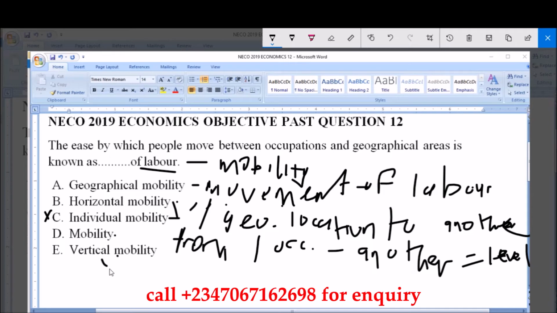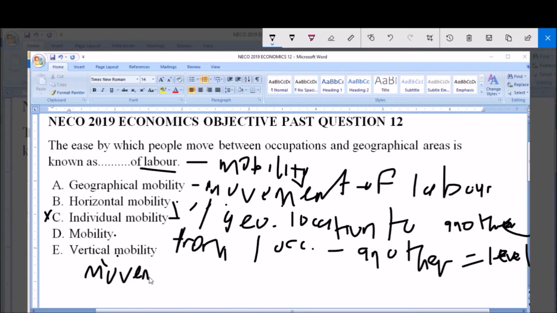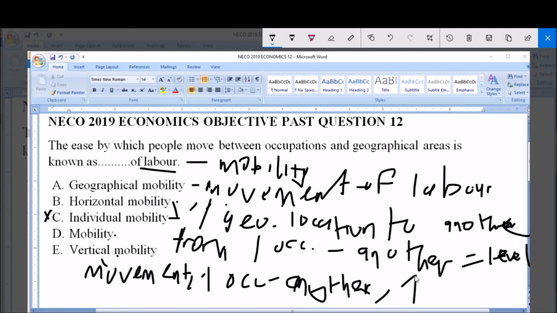Then for vertical mobility, it involves movement from one occupation to another, but to a higher grade or higher level.